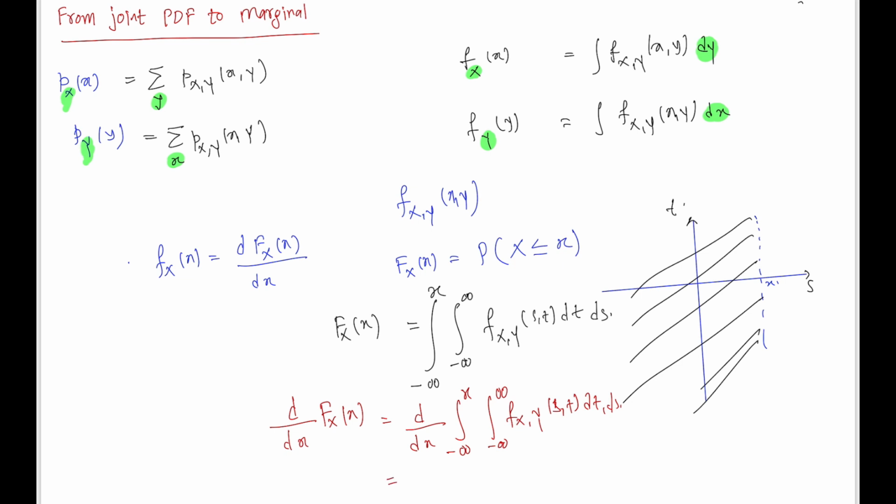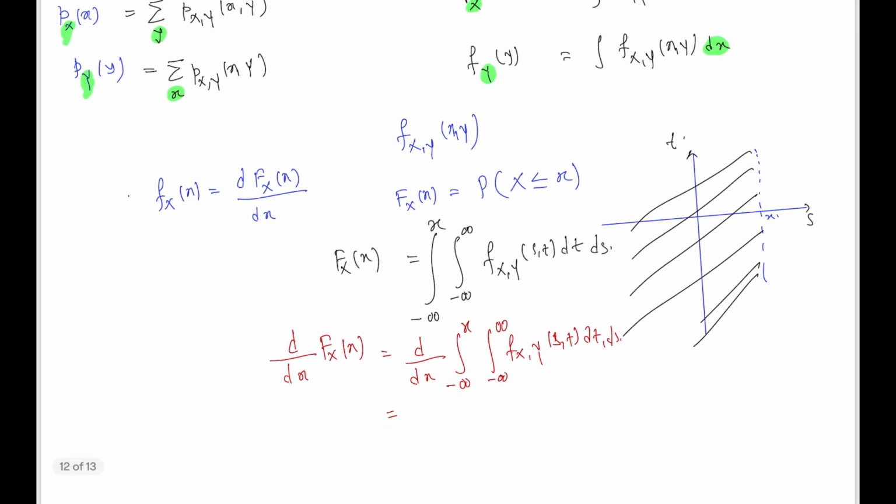So the final differentiation of this part will be the integrand, dt, and the integral will be from minus infinity to plus infinity, and this will now be the PDF of the random variable x.